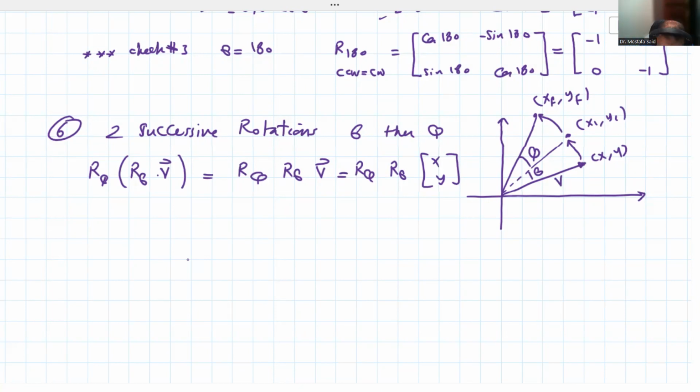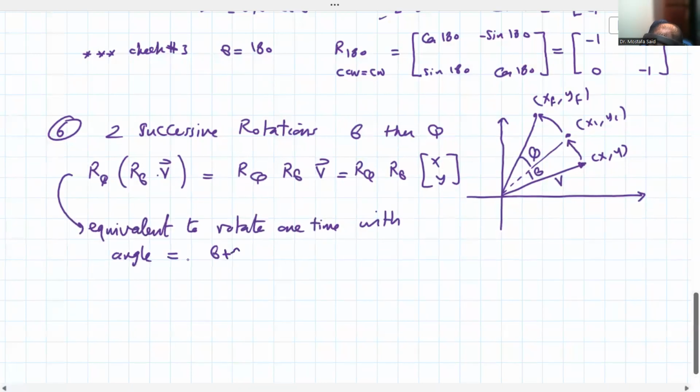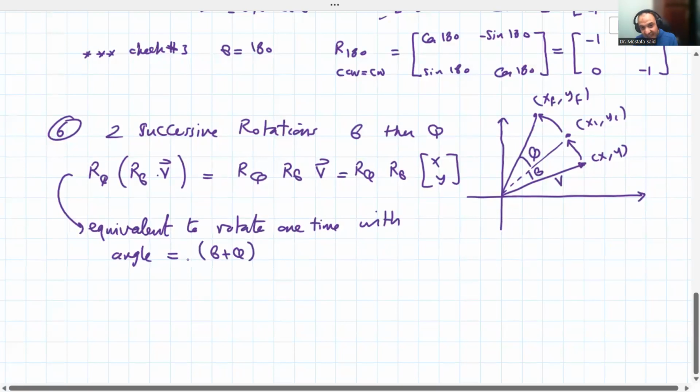So that's equivalent to rotating one time with angle equal to theta plus phi. So the angle itself is called theta plus phi.